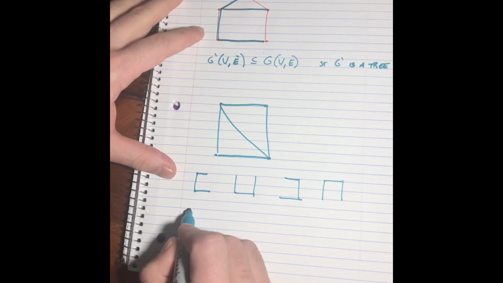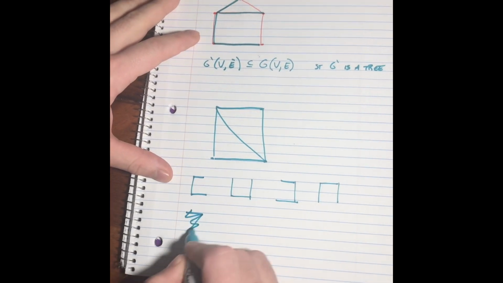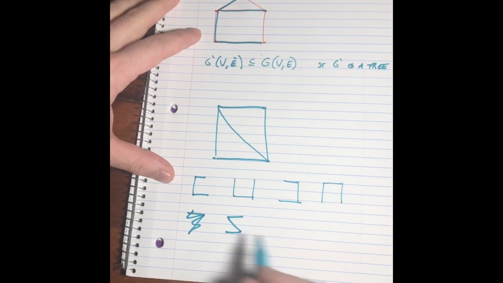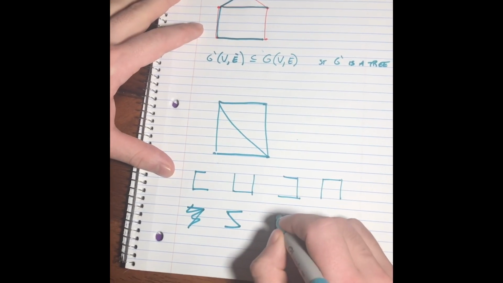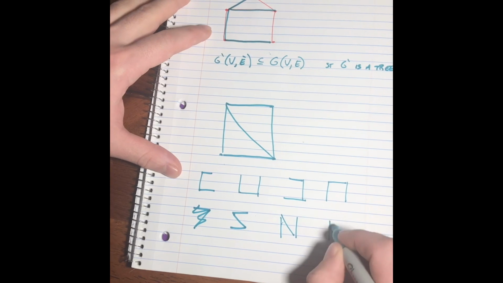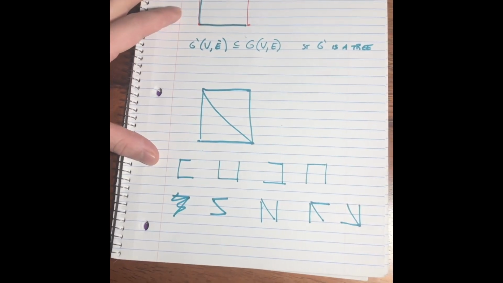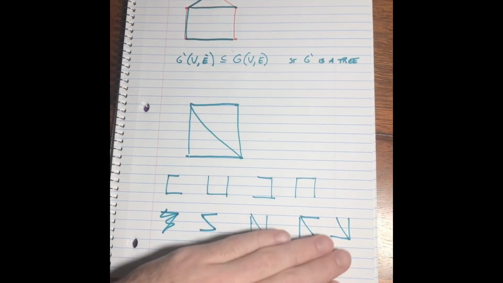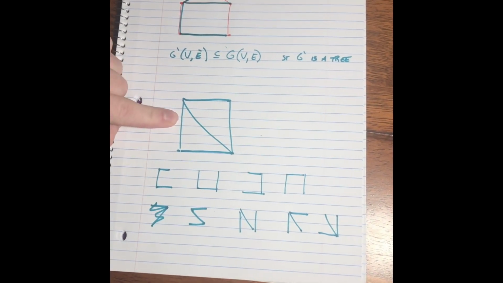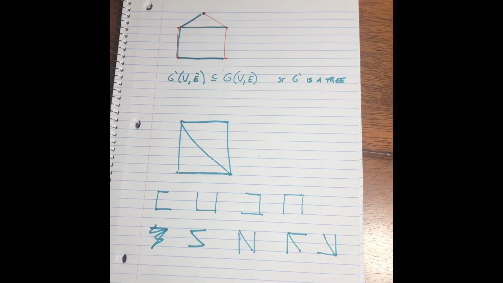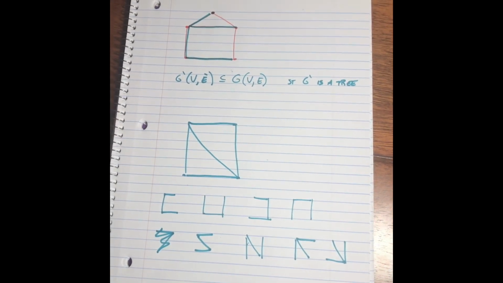All right, and then we got... okay, so here we have the 8 spanning trees of this graph listed. You can look for more, but you won't find any.